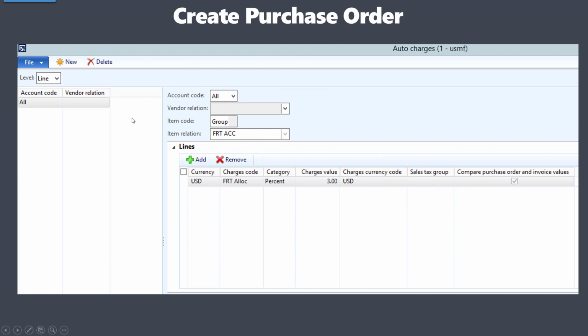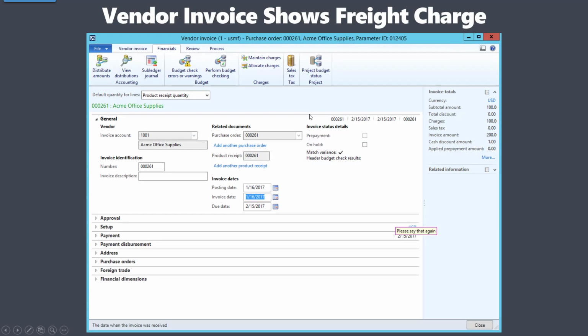So now we create a purchase order, and what we're saying here is if we do this, we're going to create this freight allocation automatically. So when you look at it then, the vendor invoice will actually show the freight charge. And here are your charges. You'll notice you have a charge of $100 over here.